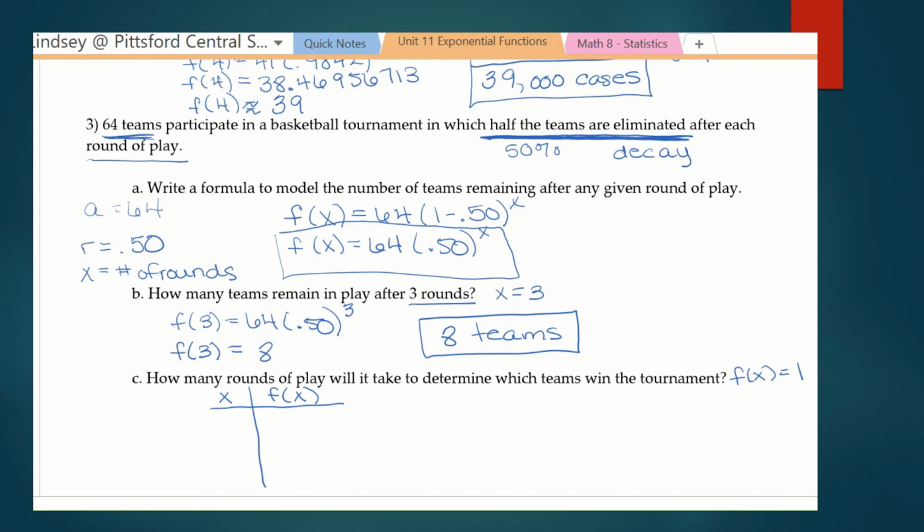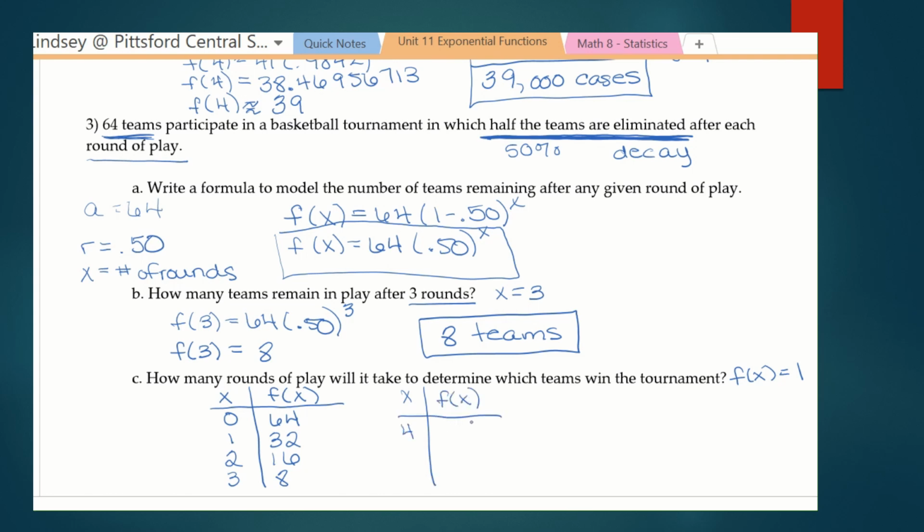Okay, so when we first start, when x is 0, after 0 rounds have been played, we have 64 teams. After 1 round, cut this number in half, we get 32. After 2 rounds, cut this number in half, we get 16. After 3 rounds, we get 8. I'm just going to keep going for a second.